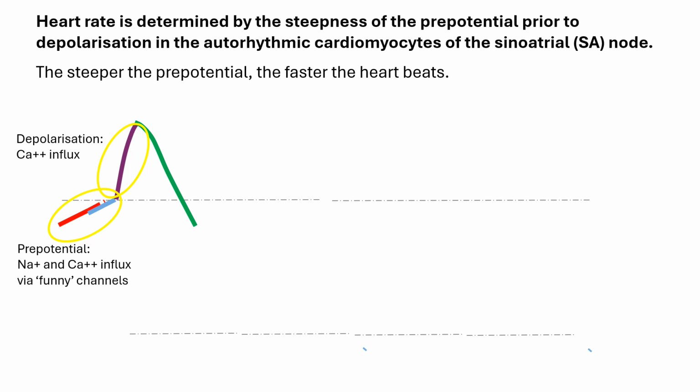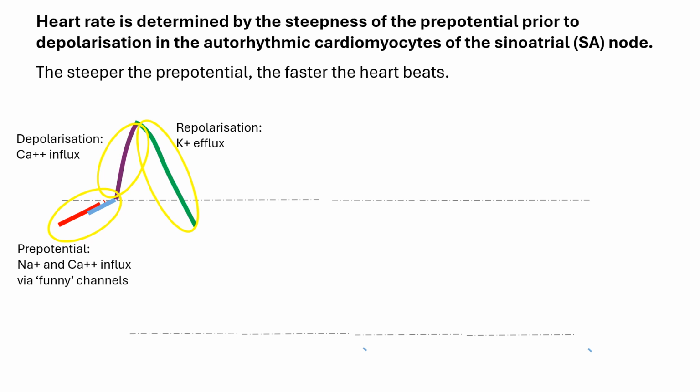Calcium moves into the cell, it influxes, until we get up to the peak of depolarization when they close. To repolarize, in other words, bring us back to that point where we started below threshold, calcium has closed, but potassium channels open. Now potassium moves out of the cell.